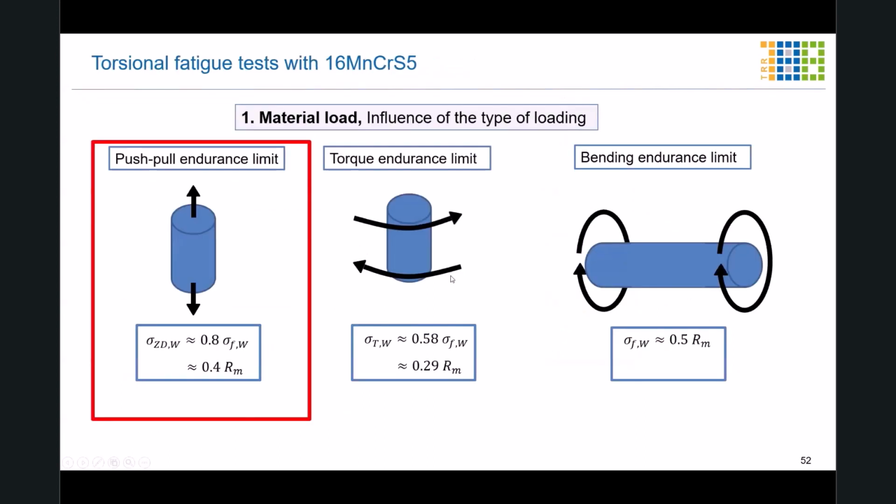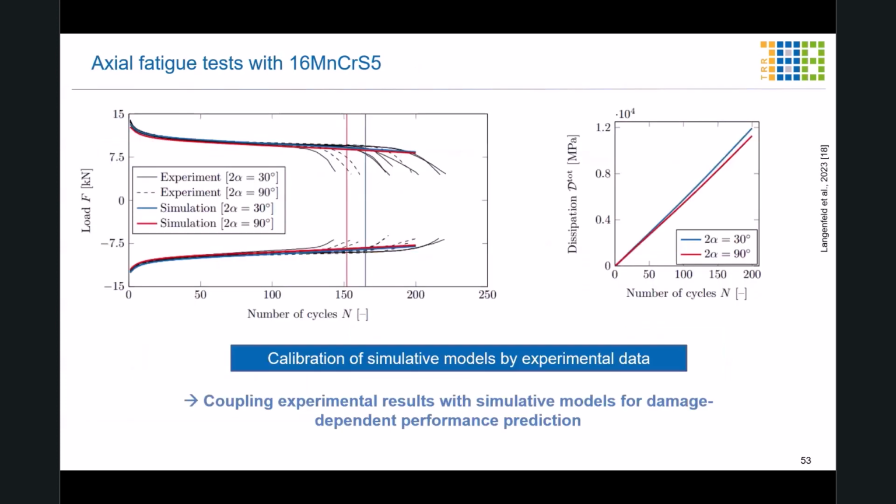So I will come to the torsional fatigue tests with the 60MnCrS5 that are done within the TRR 188, or the fatigue tests in general. We test torsional and also bending and tension compression cyclic loading or fatigue tests.